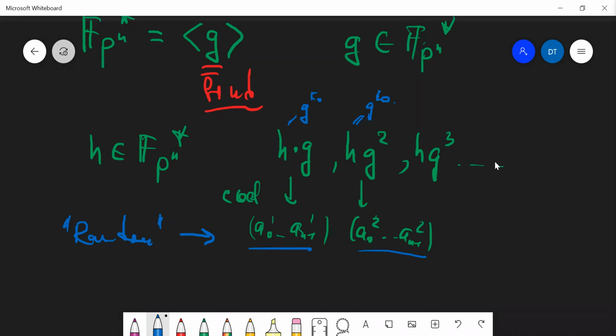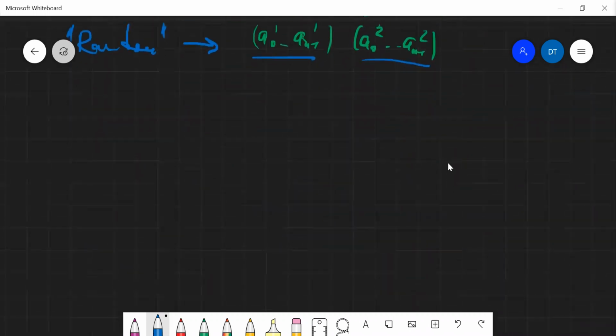So instead of choosing h, we could choose a starting power for g, and then just cycle through all the powers. So we get g to the power of k1, g to the power of k1 plus 1, g to the power of k1 plus 2, and so on. Then compute the coefficients, and the coefficients will give you this sequence. Okay, so this is the Galois random generator.